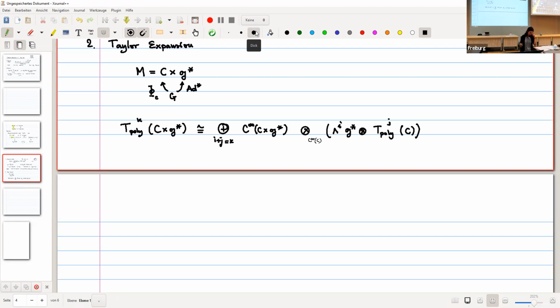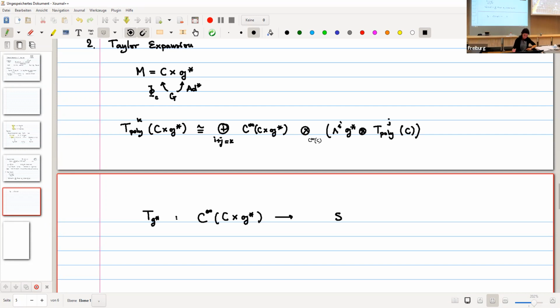Okay. So what do we want to do? We want first to define a map from functions on my manifold. I want to split again somehow, right? So I go to the symmetric algebra of G cross functions on C. This I can easily define.